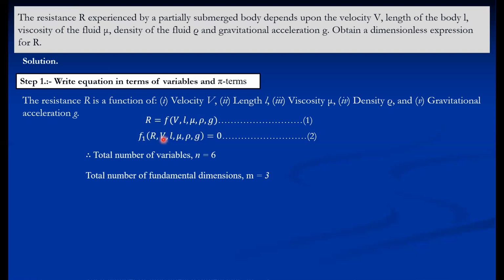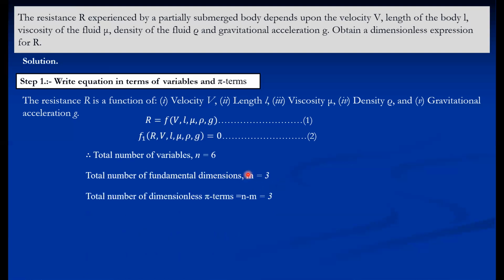Velocity itself involves length and time. So in the first 2 parameters only, all 3 fundamental dimensions are covered. Just make sure there is no temperature term involved, because temperature is the 4th fundamental dimension, that is theta. So in this particular case, the number of fundamental dimensions m is equal to 3.